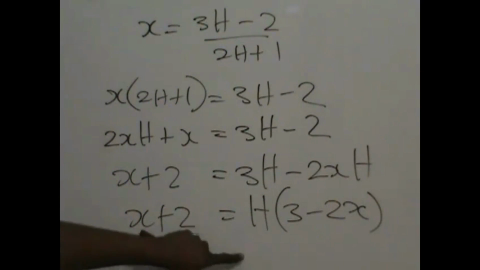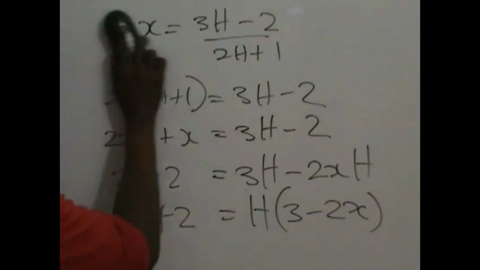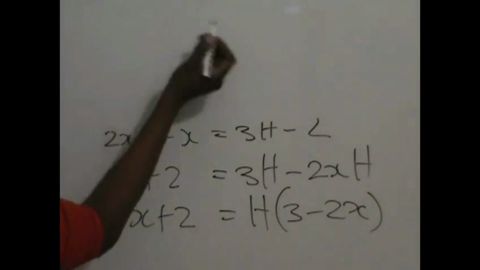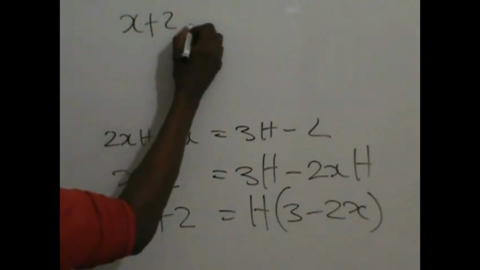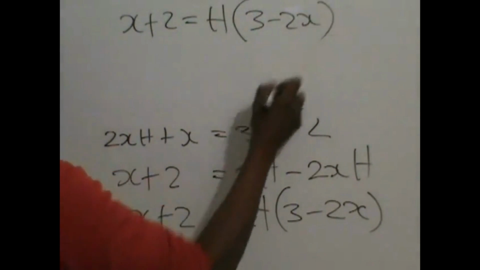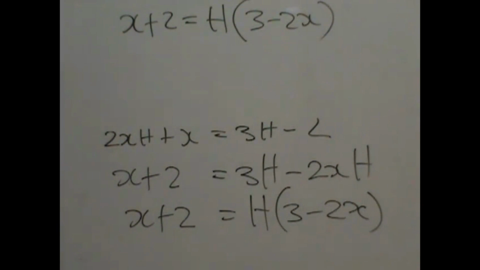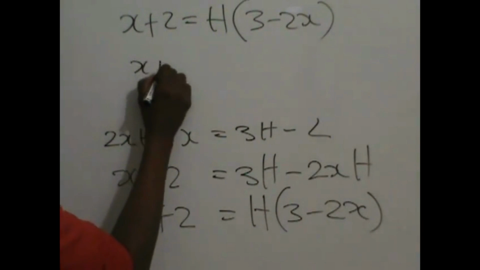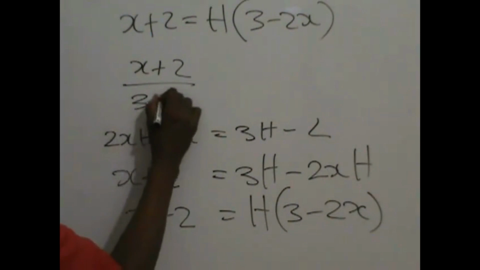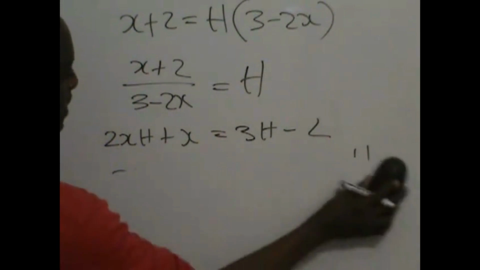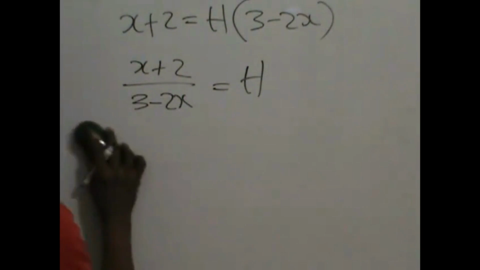Alright, so from here I'm going to go back to the top, rubbing off here. Well, let me start over from the top. x plus 2 is equal to H into 3 minus 2x. That's what we're starting with. So you just divide by 3 minus 2x. So x plus 2 over 3 minus 2x will be equal to big H, writing in the bottom here now.